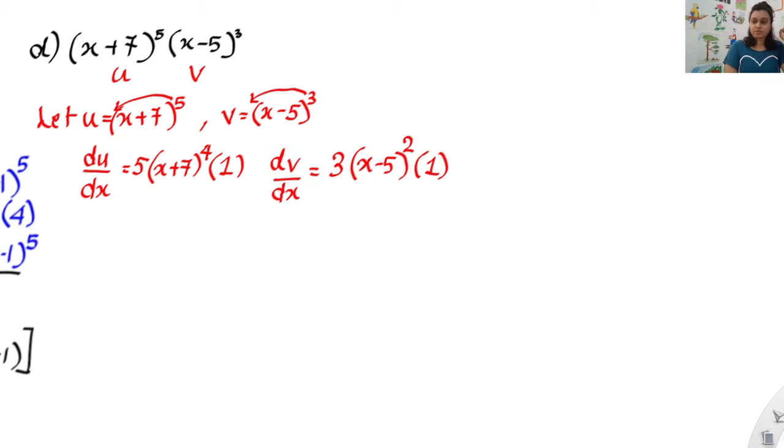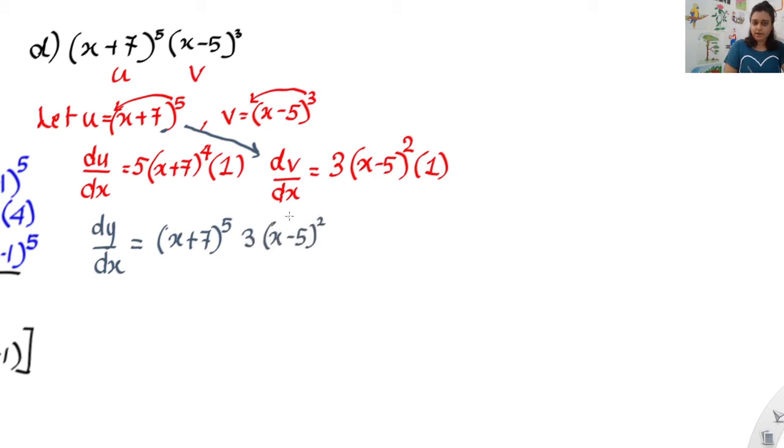So now we are just going to substitute everything into the formula of product rule. Write the u first. u is x plus 7 power of 5, then multiply with dv dx. Write 3 x minus 5 power of 2.